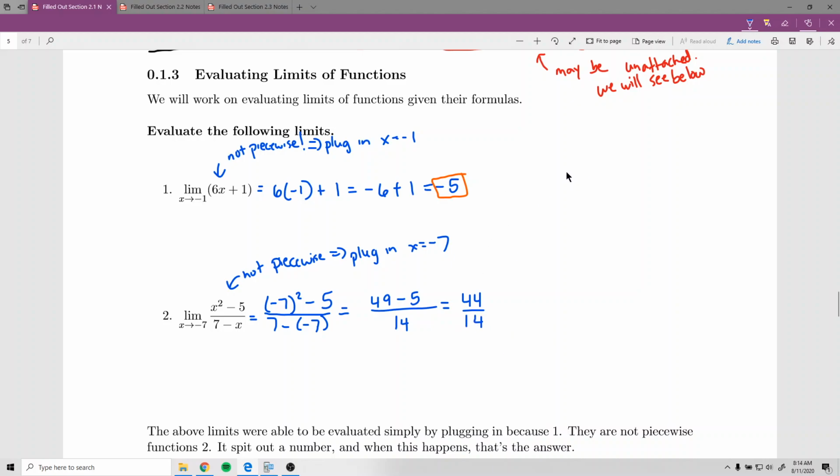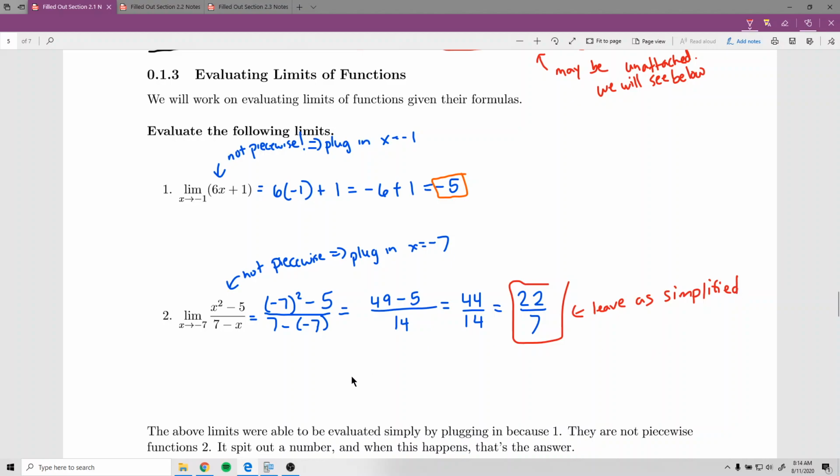And you don't want to make decimals. You want to leave fractions, but simplify the fractions. Here we can take a 2 out of each. We got 22 over 7. Once again, since this is not piecewise, this is automatically going to work.